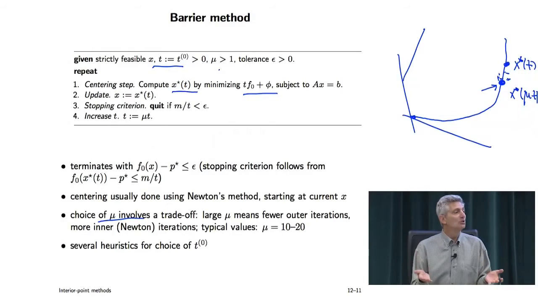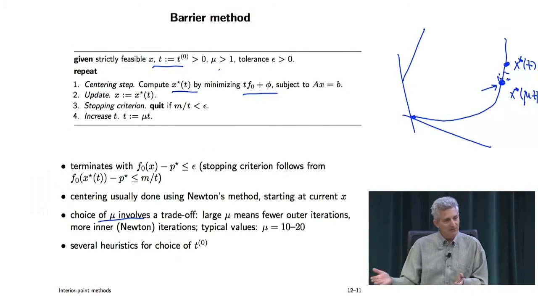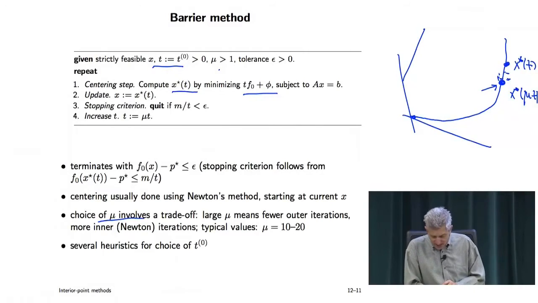They choose mu so small that you're always in the range of quadratic convergence, so that literally you do 1 Newton step, increase mu, 1 Newton step, increase mu. So these are short step methods. Long step methods don't do that. Right. And it turns out that as a practical matter, different values of mu are actually better.